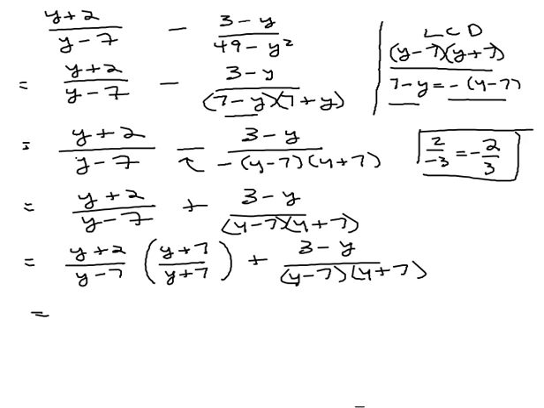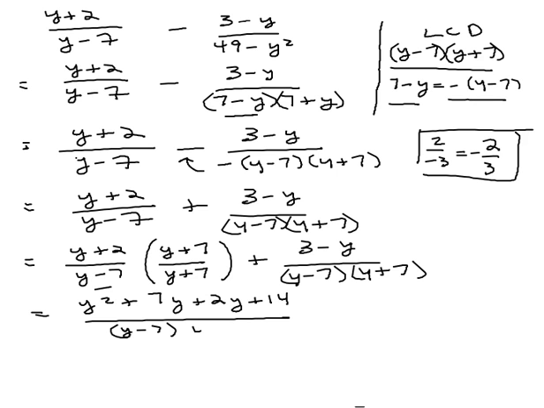Remember this quotient here, y + 2 over y - 7. That's really a single term, which means when we're multiplying, that has to distribute. We get y² + 7y + 2y + 14 over (y - 7)(y + 7) plus (3 - y) over (y - 7)(y + 7).